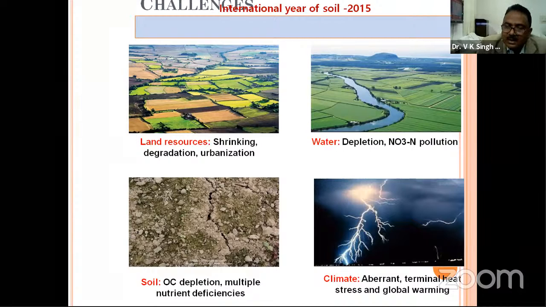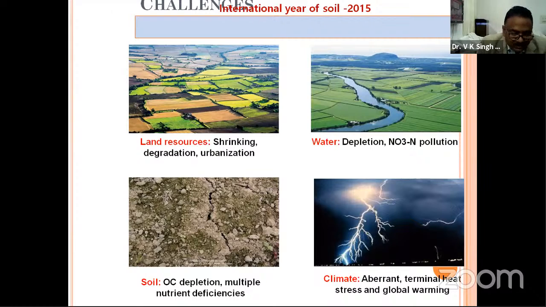You might know water erosion, wind erosion, or degradation by chemical, biochemical, and physical processes like salinization. Those are also affecting our land resources. And apart from this, our land is shrinking, so we have to enhance productivity from the unit area. This is a major concern.